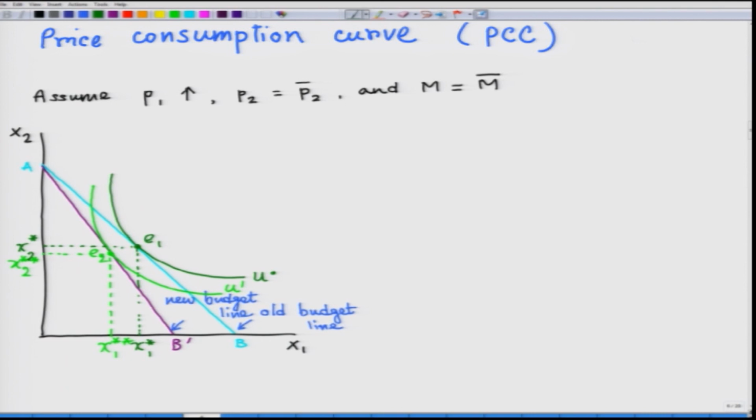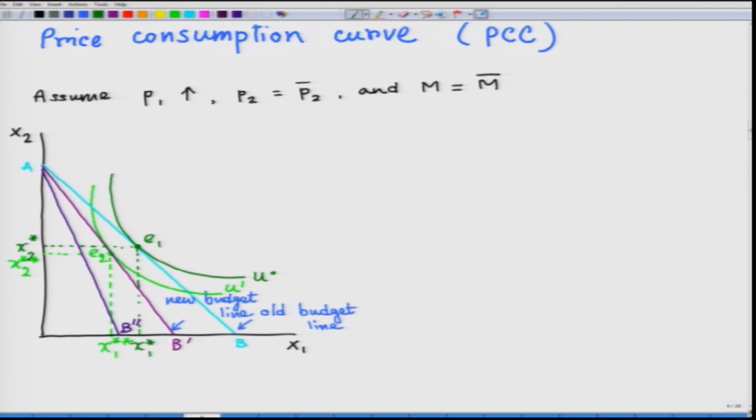If there is a further rise in the price of commodity 1, then the budget line will become even steeper, and we will get a lower intercept, and the new budget line will be AB double prime.